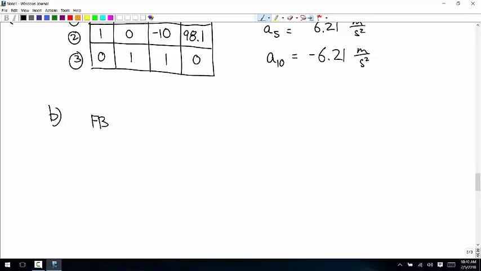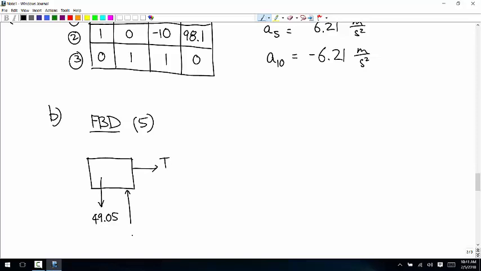So free body diagram of the 5. There's the weight of 49.05. There's the cable tension. There's a normal force and a friction force of 0.1 times the normal.